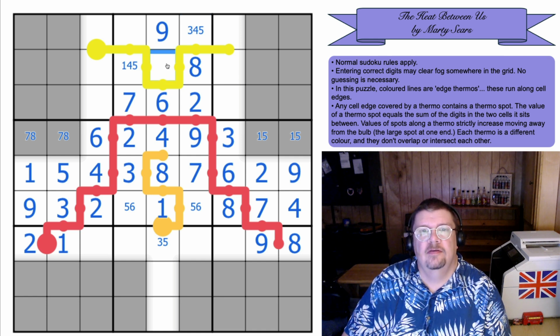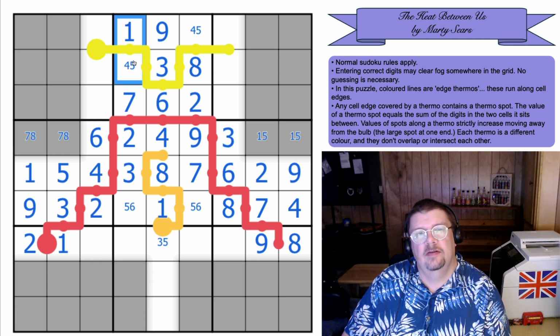That is less than that. So it's 2, 3, 4, but it can't be a 2 or a 4. So that is a 3. That actually knocks the 3 out of there. This must now be a 1 or a 2, but it can't be a 2, so that's a 1, giving me a 4, 5 pair in the box.